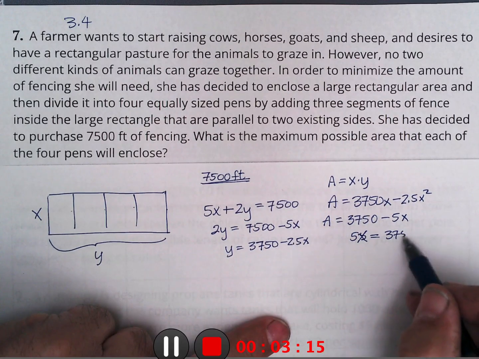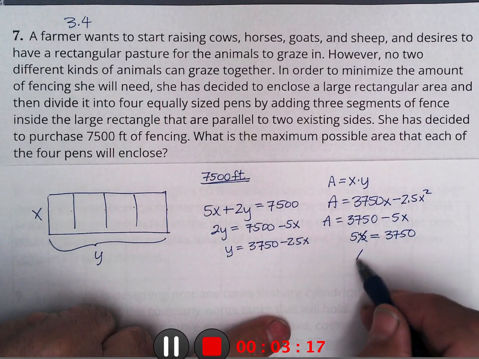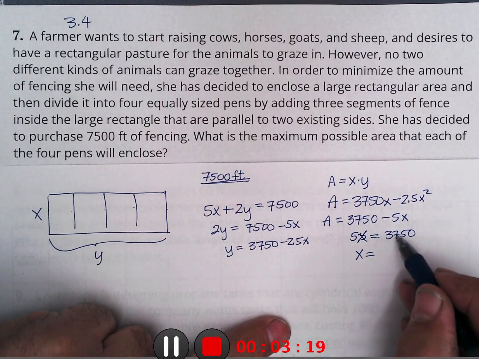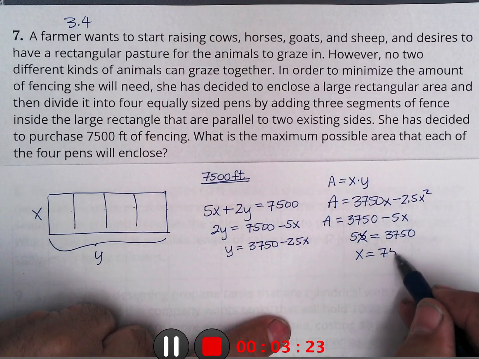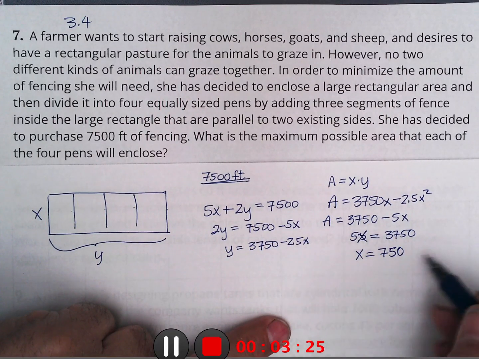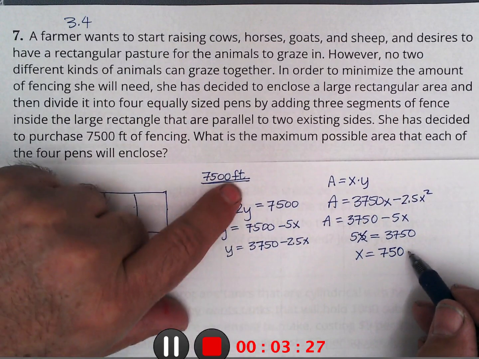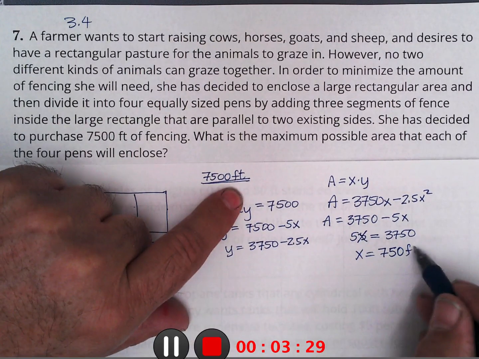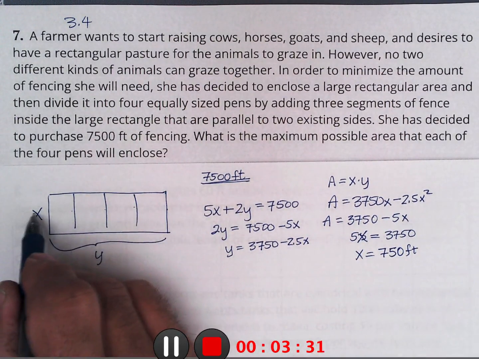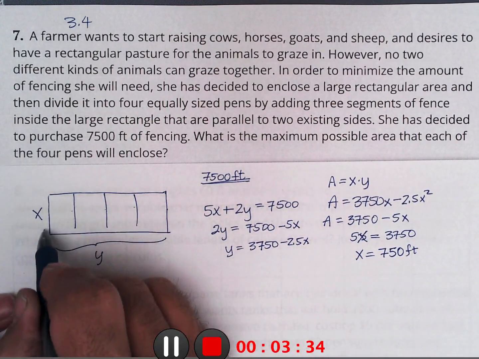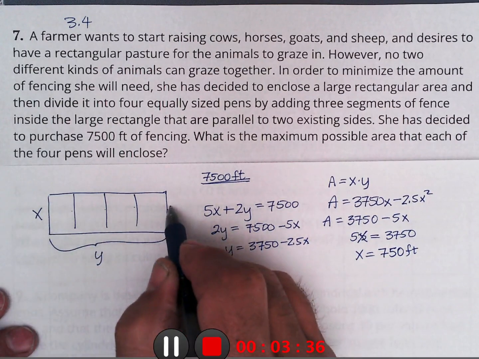So divide by 5, and X would equal 750. And this is in feet. So that's this measurement, 750 feet.